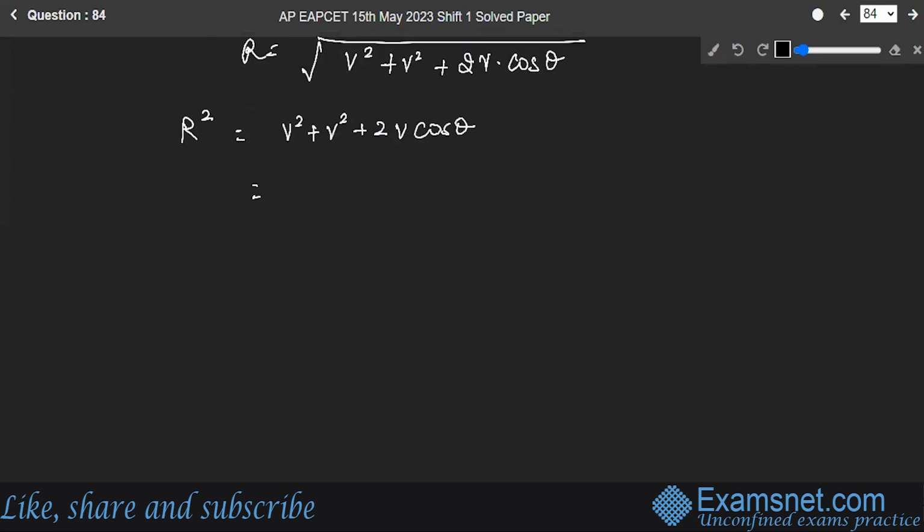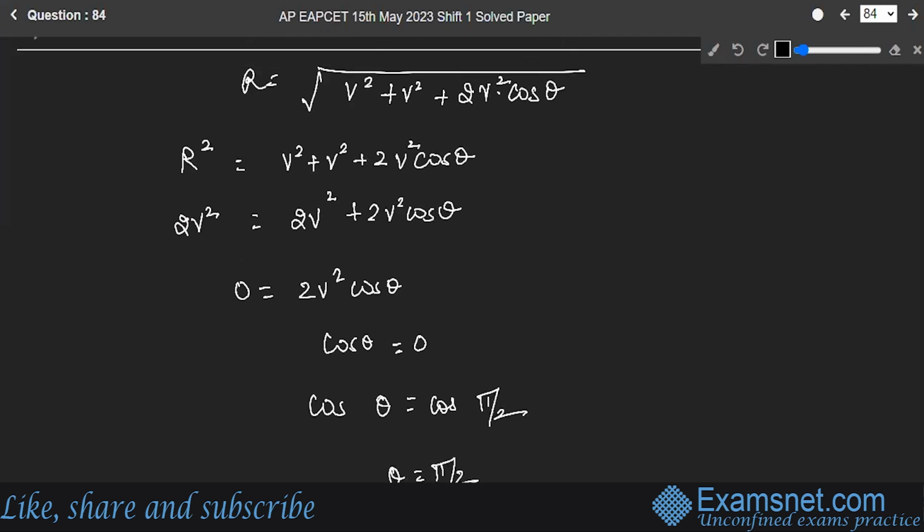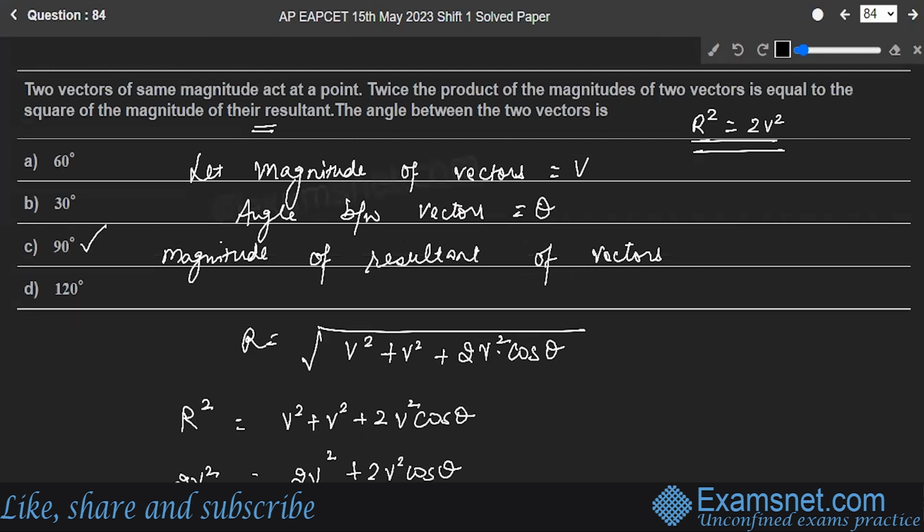So this makes 2V square equal to 2V square plus this, or you have 0 is equal to 2V square cos theta. That means, of course, V is not equal to 0, so cos theta is 0, which is cos pi by 2. So theta is equal to pi by 2. That means the angle between the two vectors is 90 degree or pi by 2. Option C is the right answer.